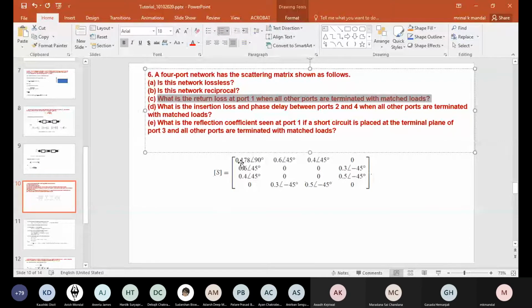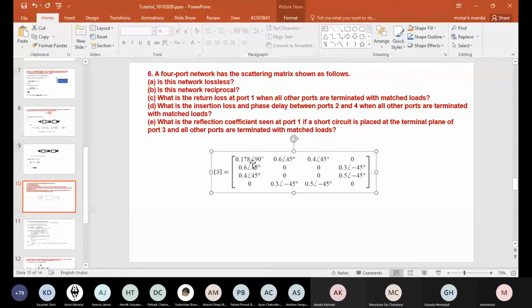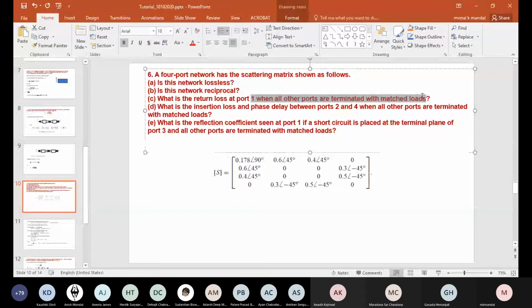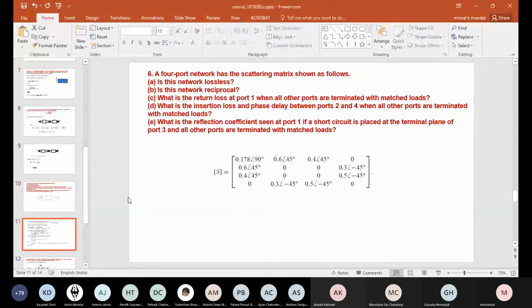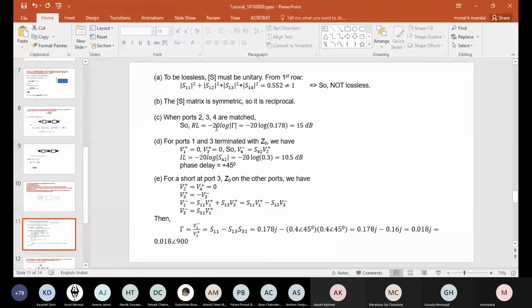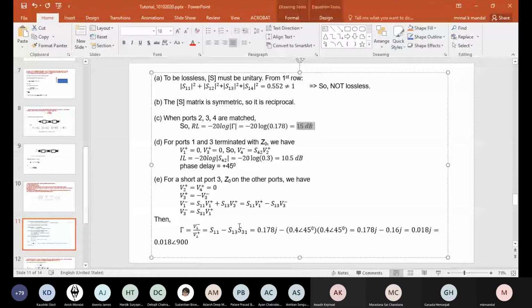So this one is directly giving you S11. We don't have to do any calculation because it's just following the definition of S parameter. Okay, so for return loss, we have to take minus 20 log base 10 of gamma. It's coming 15 degree.